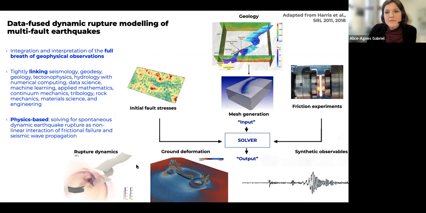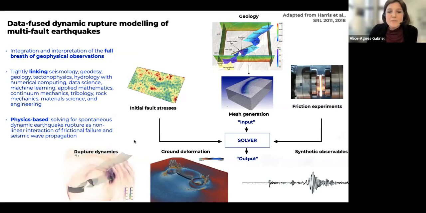Some of the strengths of these simulations, if we do them indeed on the scale of actual multi-fault earthquakes, is that we can try and integrate and also interpret the full breadth of geophysical observations. What I mean is that we can use these physics-based models to link between, for example, data from seismology, from geodesy, from the laboratory domain, from field studies, but also from longer term inferences, for example, about tectonic physics.